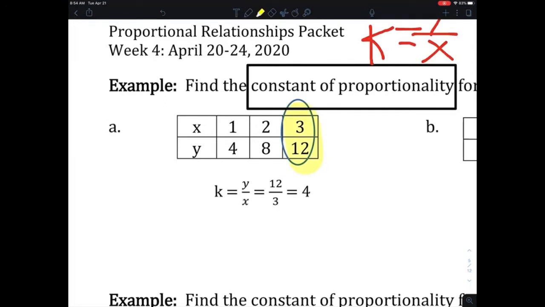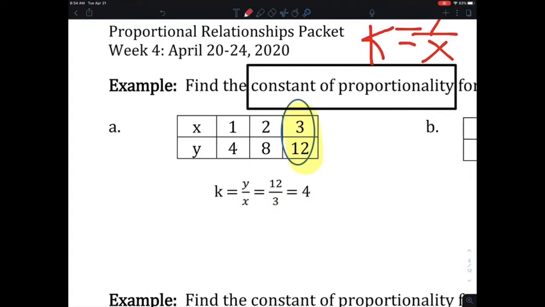Now, you don't have to, because the constant proportionality is the same all across the board if it is constant. Hence the word constant. So here in this example, they're showing you k equals y over x. They're using my y value right here and then my x value up here. So it's 12 divided by 3, which gives us 4.